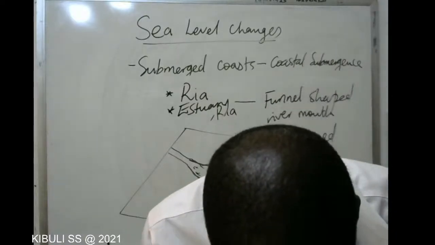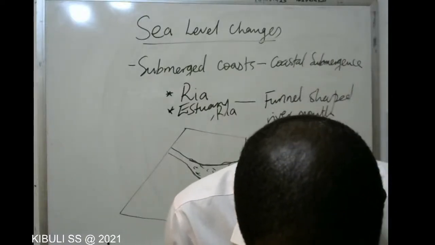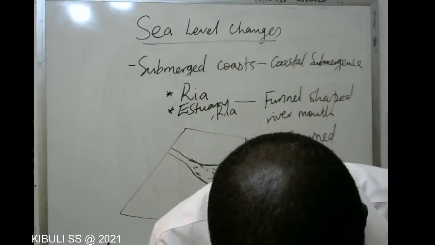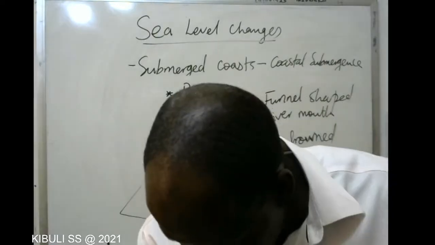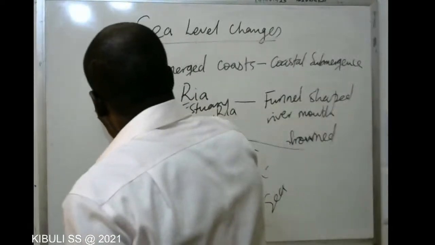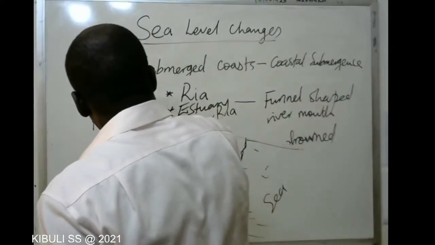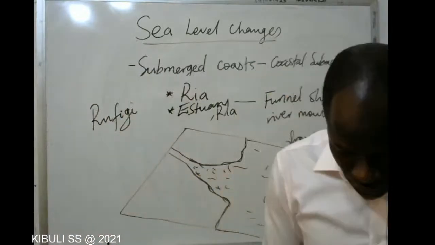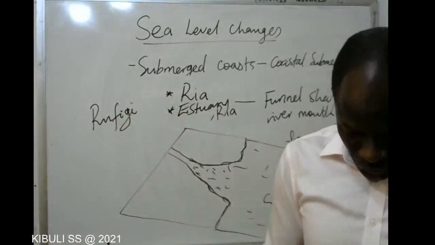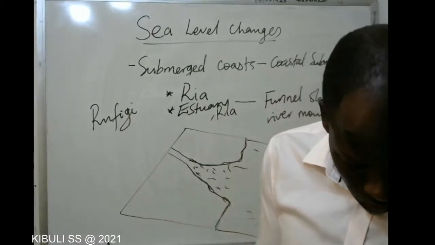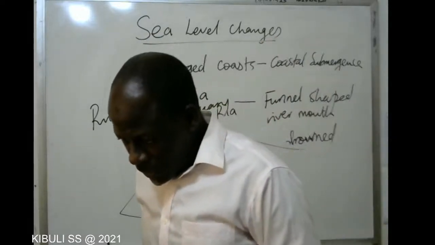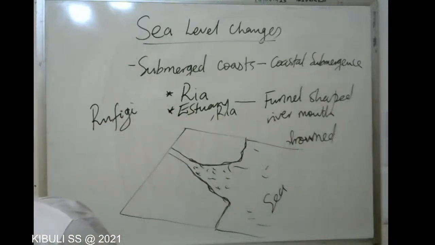And an example of it is the mouth of River Rufiji. River Rufiji is that river in Tanzania that joins the Indian Ocean, and it has an estuary. Let me check if I can find an image of an estuary.